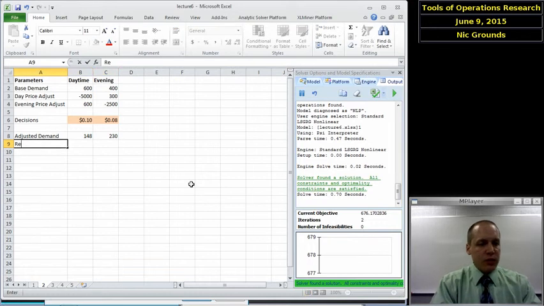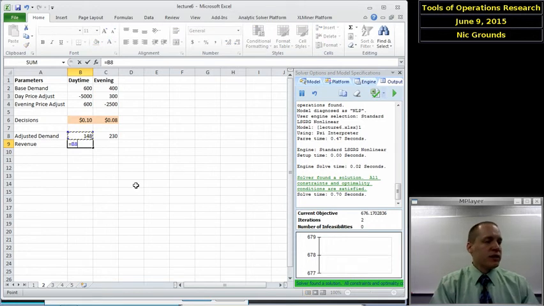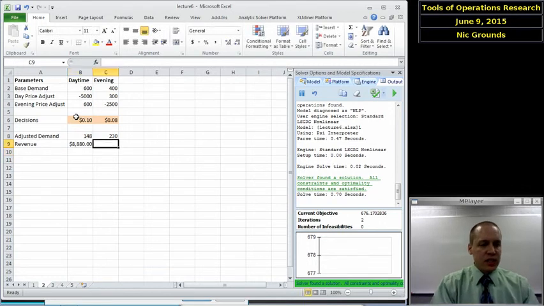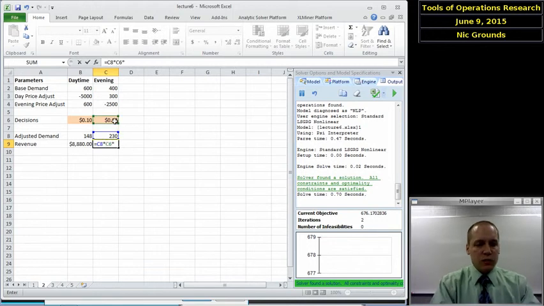So now we can compute revenue because we know how many minutes people will call long distance during the day, and we know how much we'll charge them per minute. So it's just the adjusted demand times the decision, and then I believe we also multiplied that by the base demand, or by 600, and then so forth for the evening price, which was multiplied by that base unit of 400.